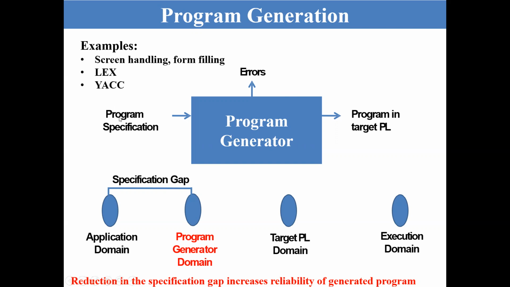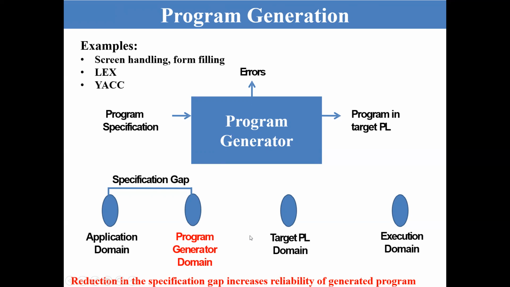So it is, first of all, easy to write the specification of a program rather than writing the entire program in a programming language. And the generated program is more reliable. So the program generator bridges the gap between the application domain and the programming language domain.